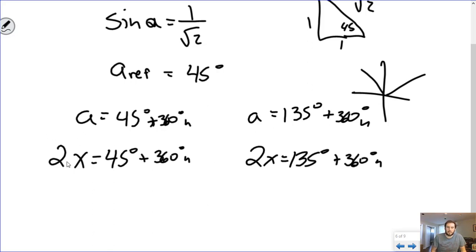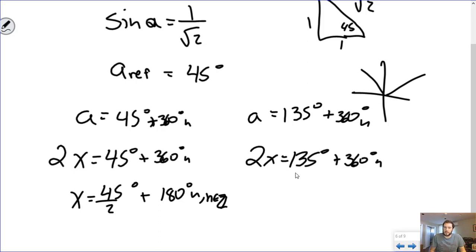But then when I divide both sides by 2, I get x is equal to 45 over 2 degrees plus 180 degrees n, where n is an element of the integers. And the same thing happens with this one. When I divide both sides by 2, I get x is equal to 135 over 2 degrees plus 180 degrees n, where n is an element of the integers.